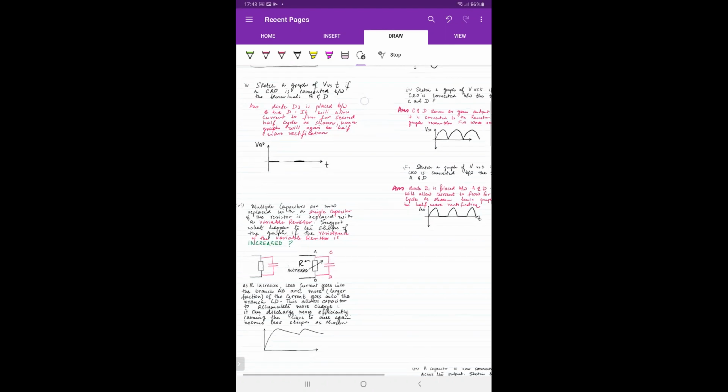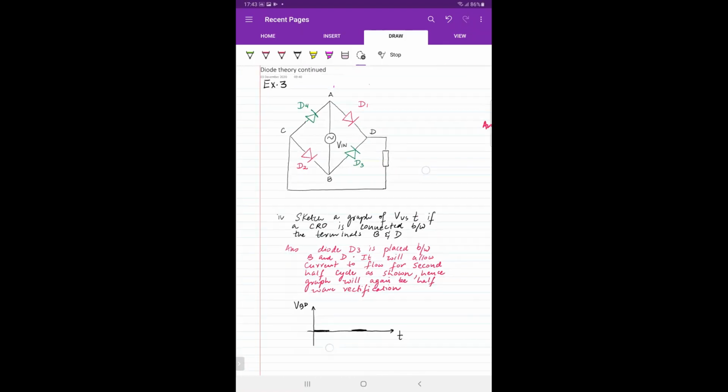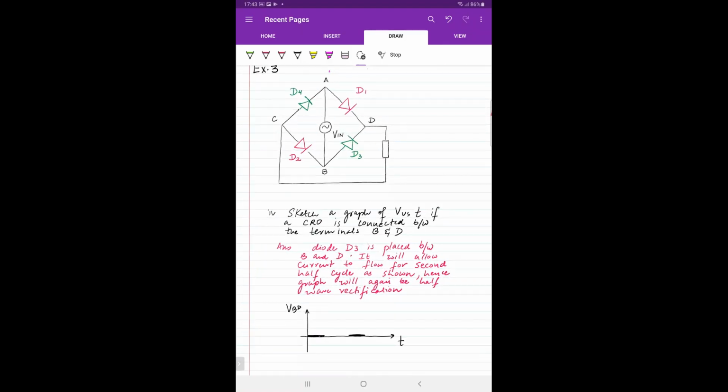If this was the question now. Okay, so unfortunately all the questions are based on this one diagram. So इसीलिए मुझे ये shift around करना पड़ रहा है. So now the question says, sketch a graph for voltage against time if a CRO is connected between the terminals B and D.